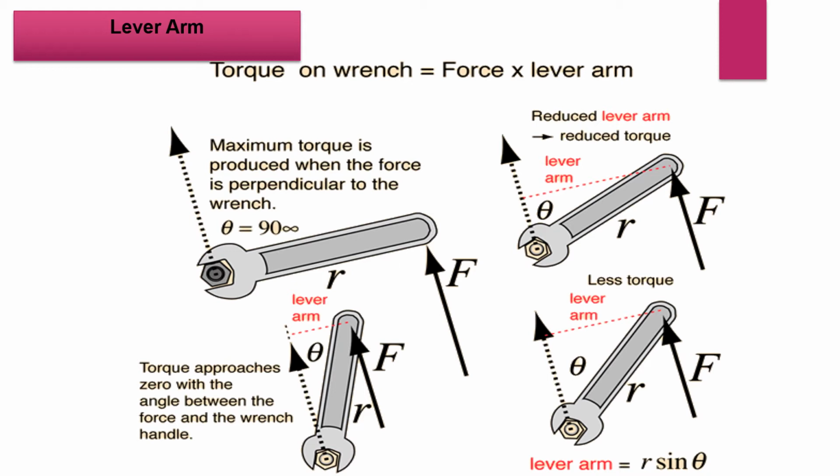The torque approaches zero as the angle between the force and the instrument approaches zero. In the last picture the lever arm is equal to R. The force applied is multiplied with the lever arm, and then we get the value of the torque.